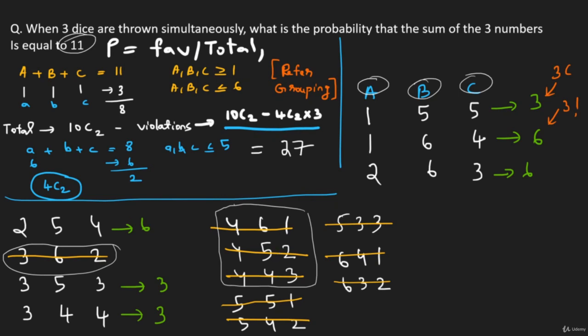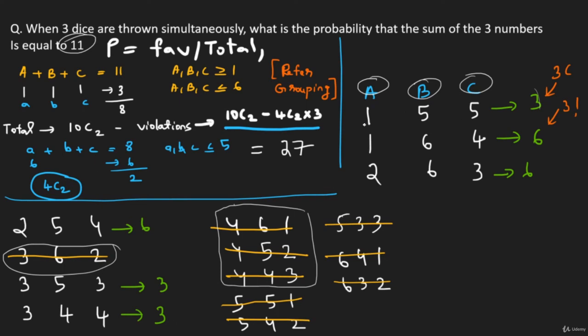These are repetitions because 4, 6, 1 is already available over here, right? 4, 5, 2 is already available over here and 4, 4, 3 is available over here, right? Because we are trying to do the various arrangements of each of these, right? Similarly, 5, 5, 1, 5, 4, 2, 5, 3, 3, 6, 4, 1, 6, 3, 2. These are all the ways and these are already covered in the previous arrangements.